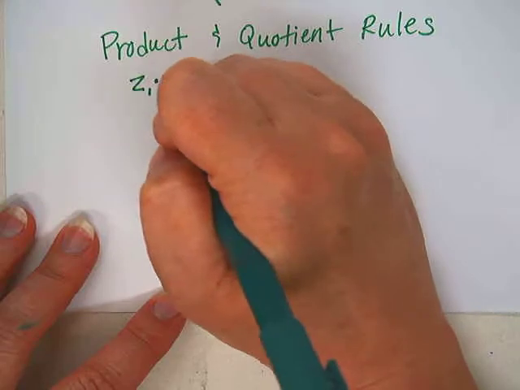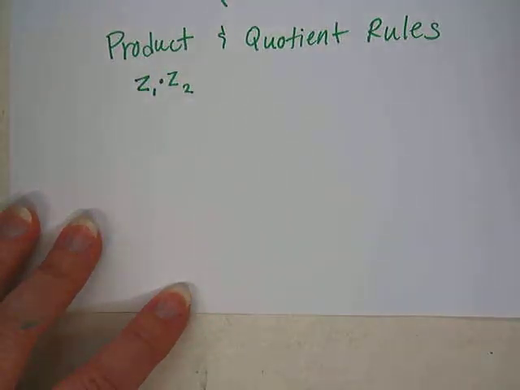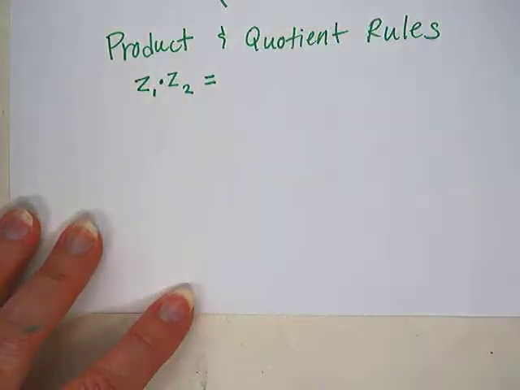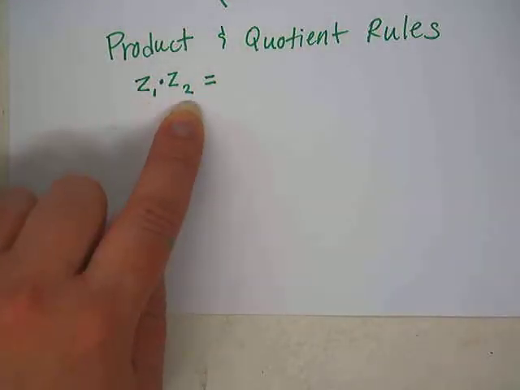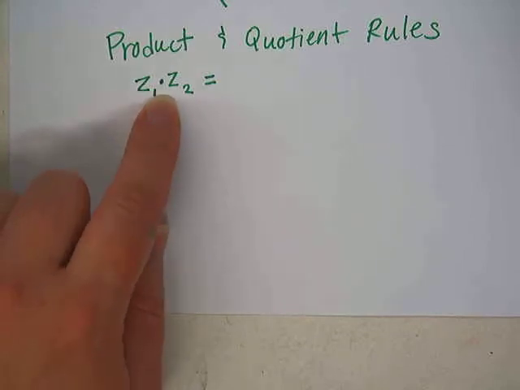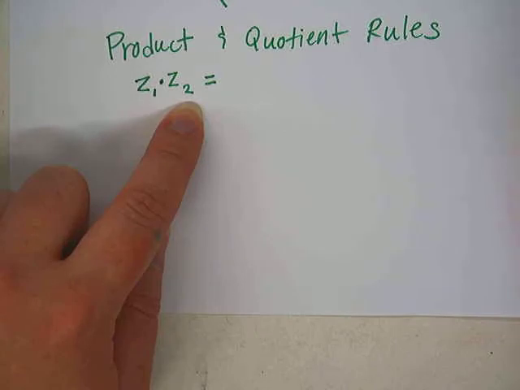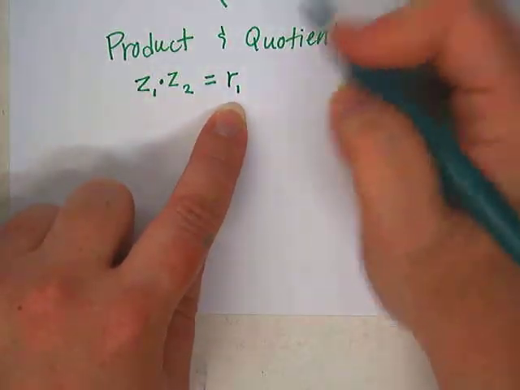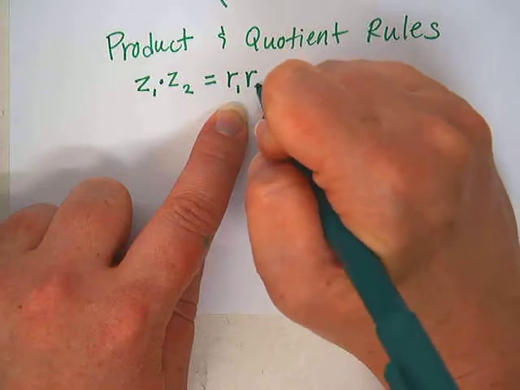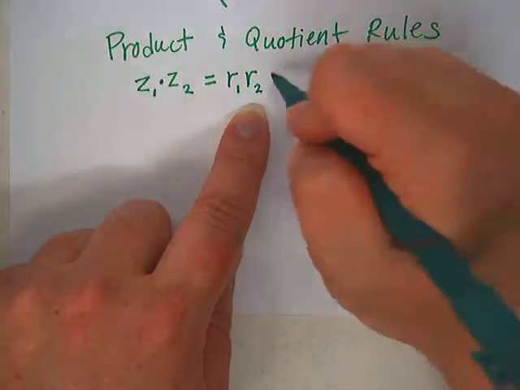Anyway, these are product and quotient rules that might possibly make this process easier. If you're multiplying one complex number times another complex number, so z1 times z2, first of all, you take their radiuses and you multiply them together. So the radius of one complex number times the radius of the other.